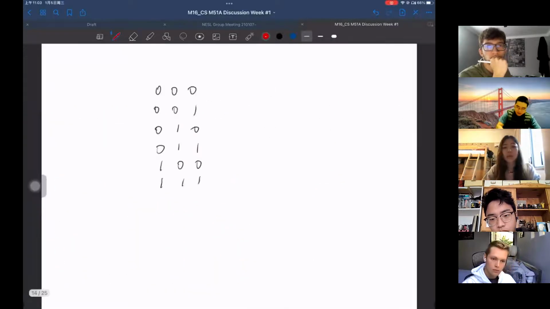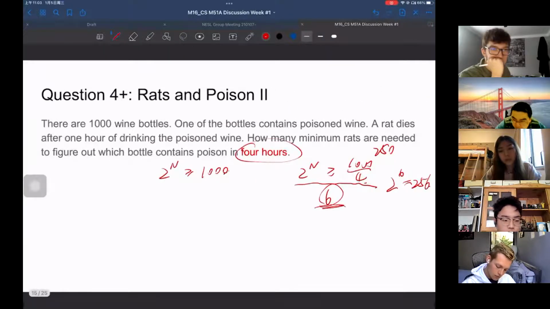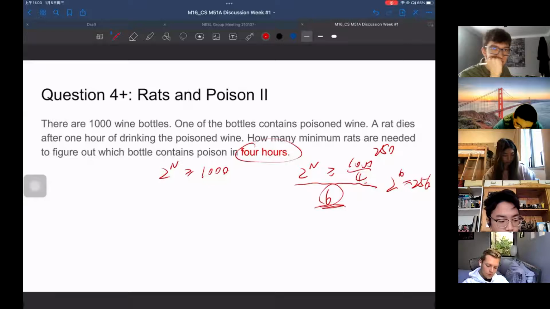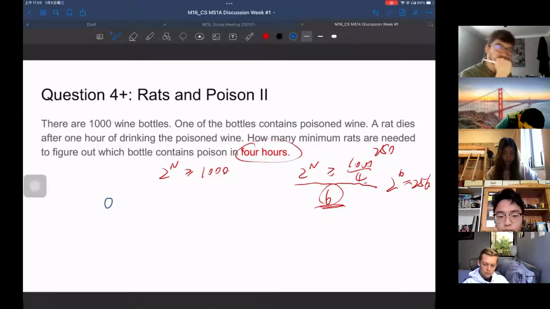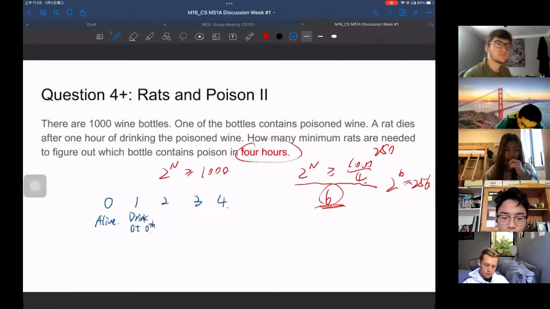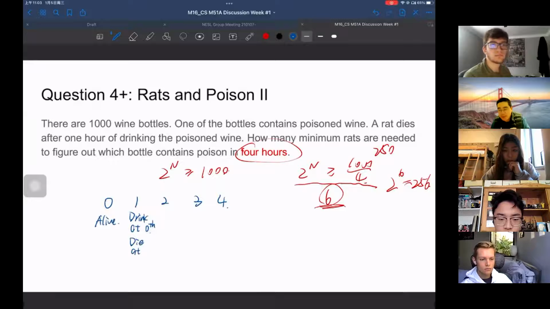Let me explain what I'm saying. We have 4 hours, right? So for each rat, I can define the following states: 0, 1, 2, 3, 4. 0 means alive. 1 means drink at the beginning, at zero, and die at the first hour, because we can only do 1 experiment per hour.